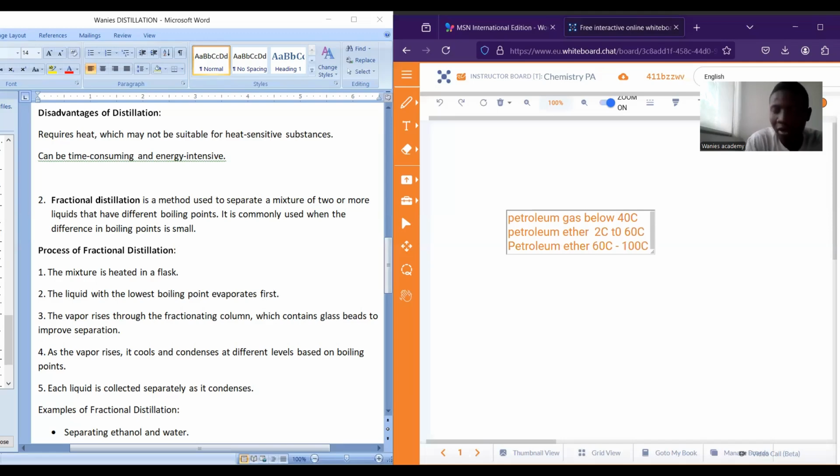So you can see the temperature ranges are somehow intertwined, very close to each other. That is why we use fractional distillation for them: because their boiling points are so close to each other, we use fractional distillation to separate them.